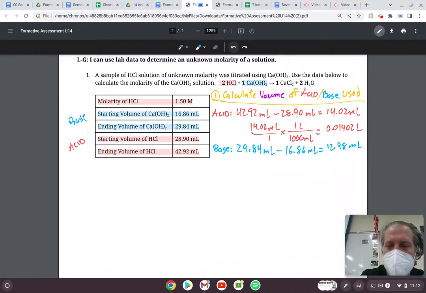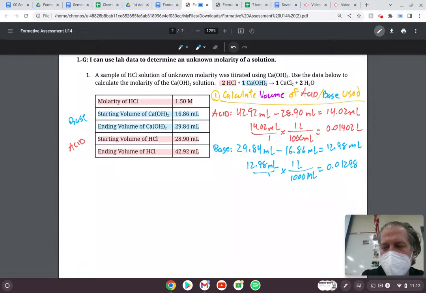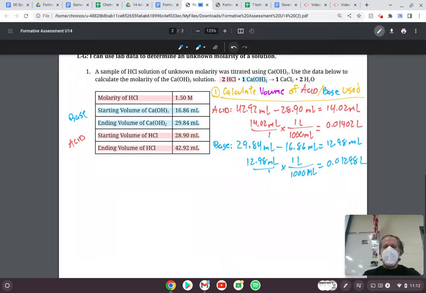And so 12.98, I'm going to convert to liters right away, just like I did up above for the acid. And so that's going to give me 0.01298 liters. So that's our first step.